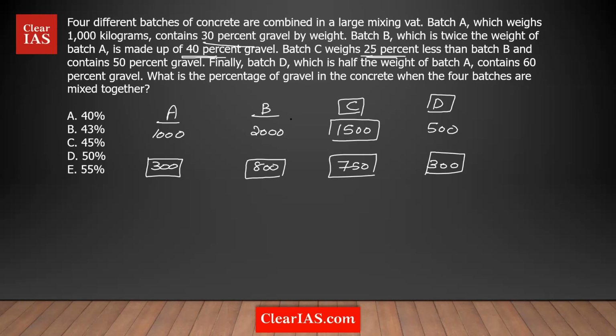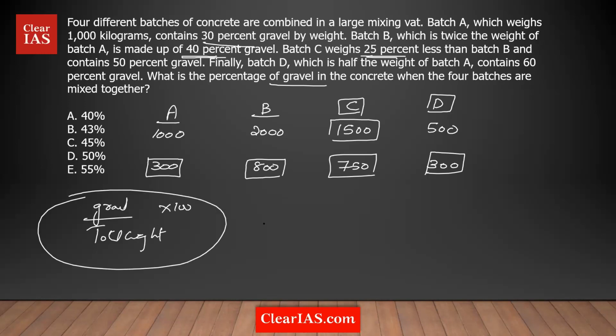Correct? Yeah. So the question is what percent of gravel is in the concrete when four batches are mixed? So you need to find how much gravel there is by total weight into 100. This is what you are asked to find. So clearly we can say 300, 800, 750, 300. Adding, it's 1050, 1050 plus 1100.